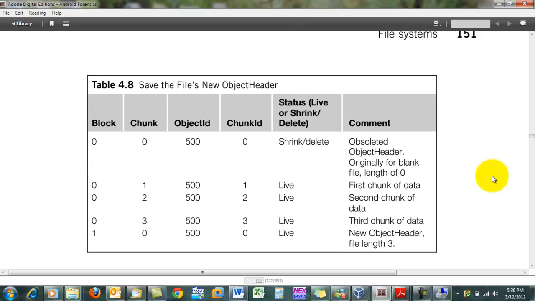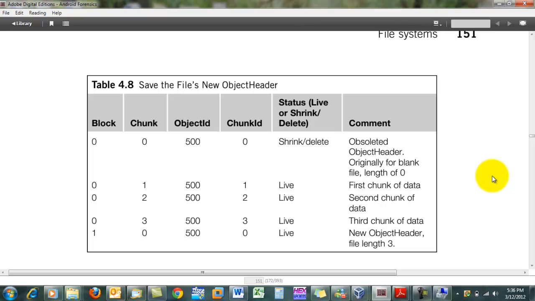In summary, this little example gives an idea how the NAND file system works, how the YAFFS2 system works. You realize that when you write a new file or new chunk, you will try to write to a new chunk in the same block or a different block, and then change the status.